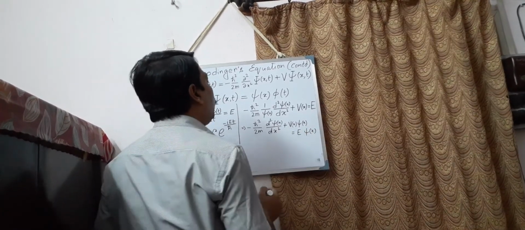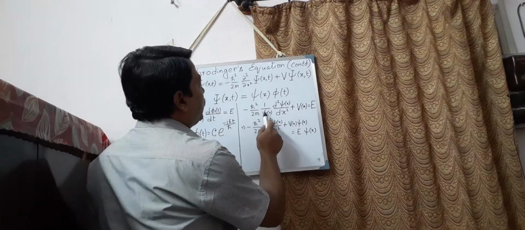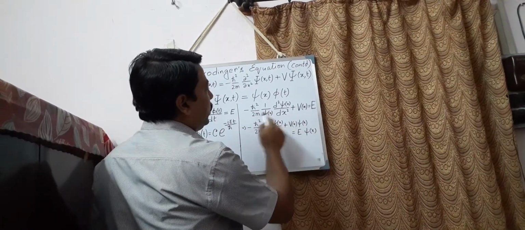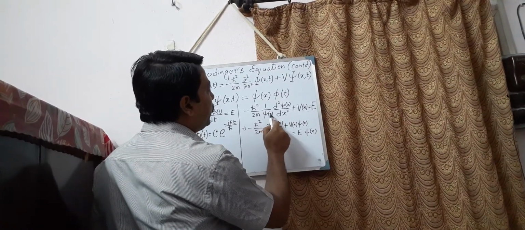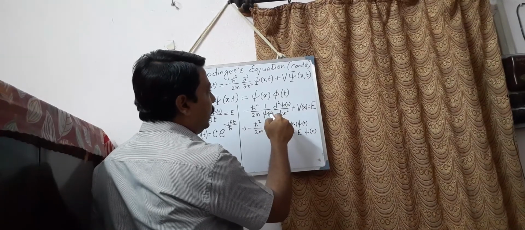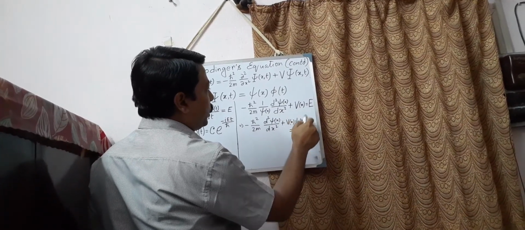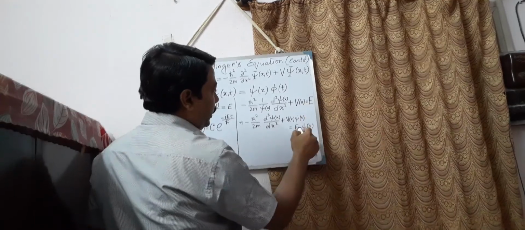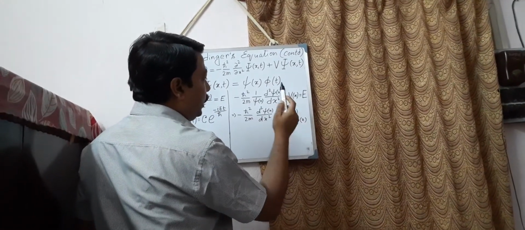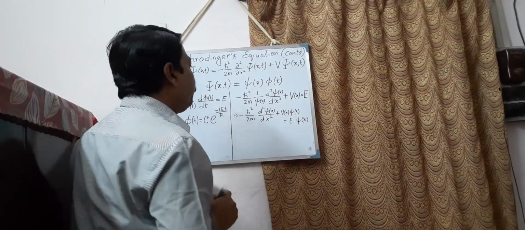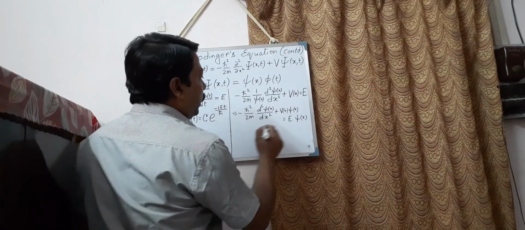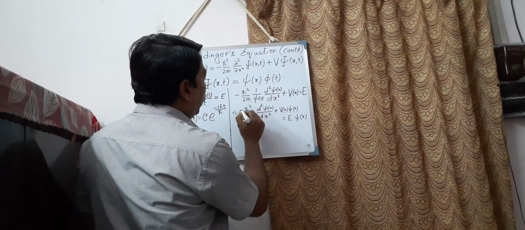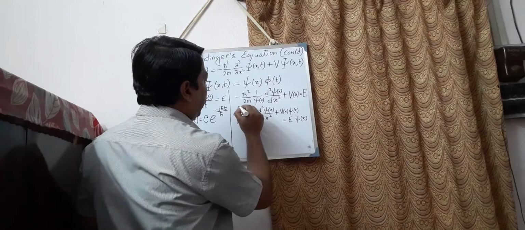So what we have done is we have multiplied this equation throughout by this psi x. So this psi x has cancelled, and here we have a V x into psi x, and on the right hand side we have E into psi x, where E is our separation constant. Fine.